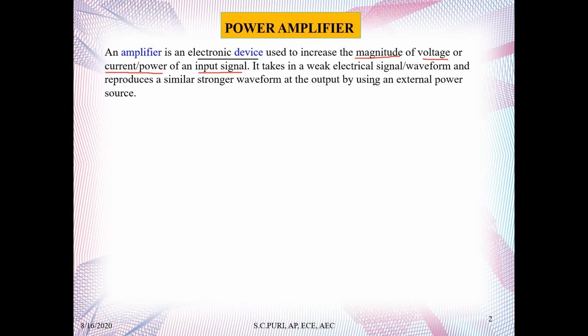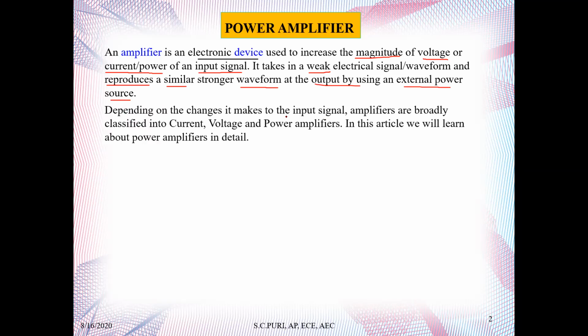It takes in a weak electrical signal or waveform and reproduces a similar stronger waveform at the output by using an external power source. So that's what an amplifier is. It will take a weak signal and convert it into a stronger signal.